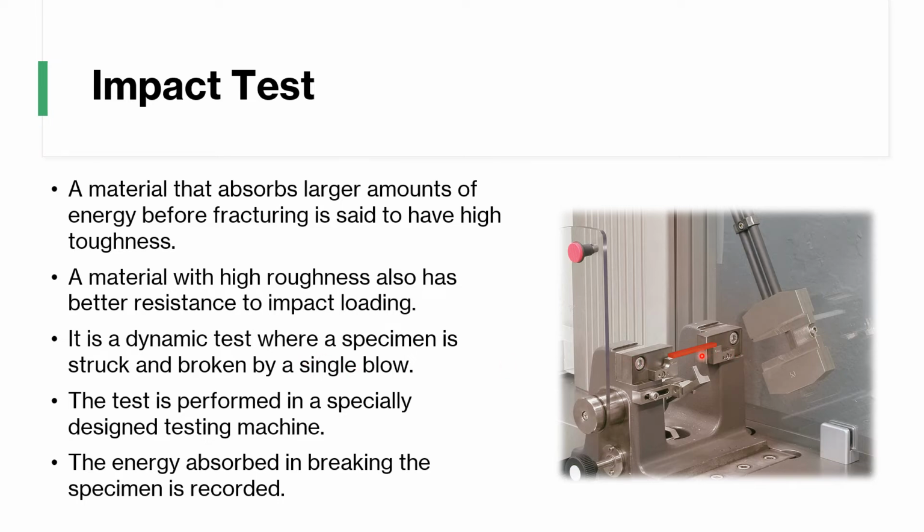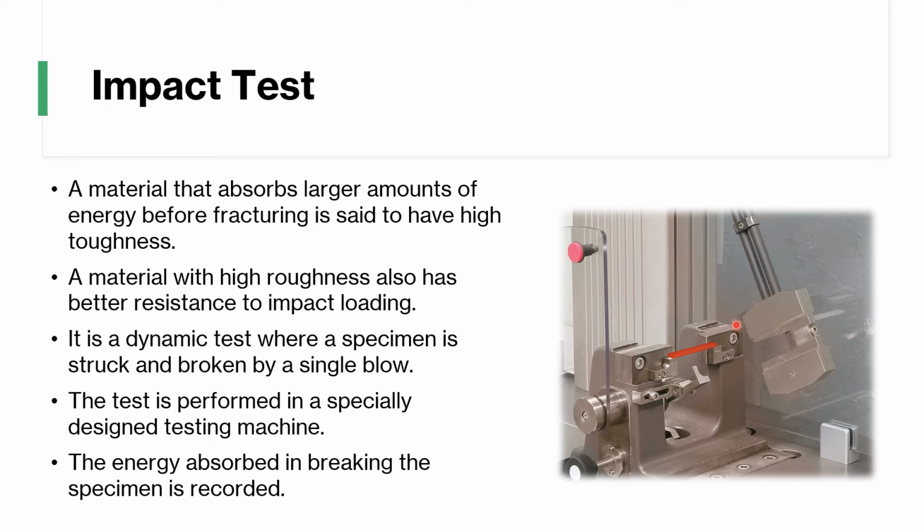What we do is we put the specimen, so this little red bar is a specimen, and we're going to break it by using this load right here and impacting it. So the test is going to break this specimen. It is struck, and then it's broken by this blow with a load.